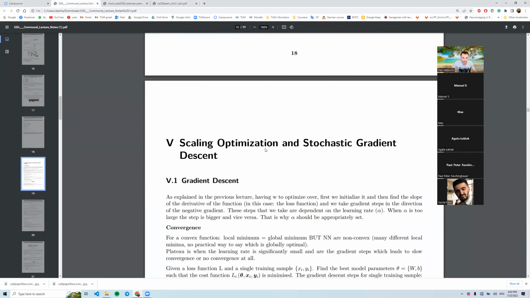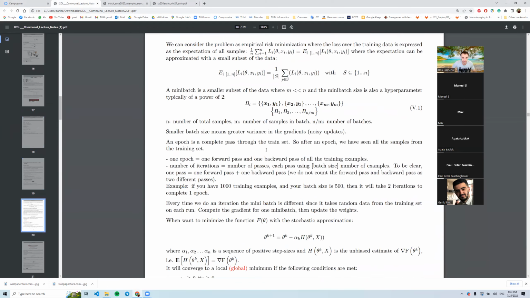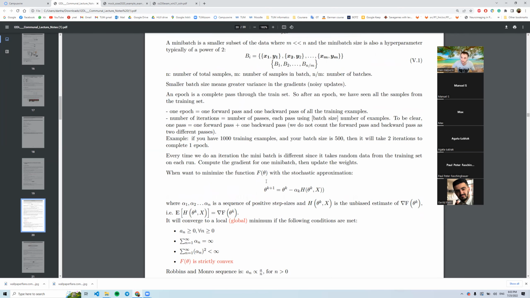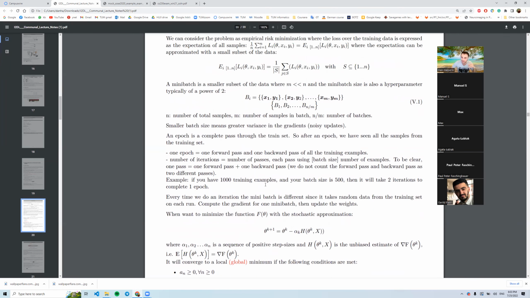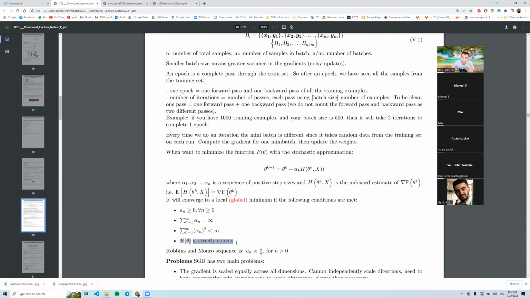Okay, what would I like to discuss? Important stuff. We did discuss that: it's only when we can go to the global minima, when it's strictly convex.